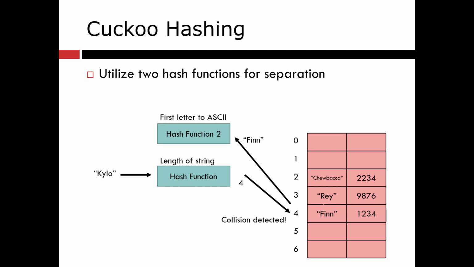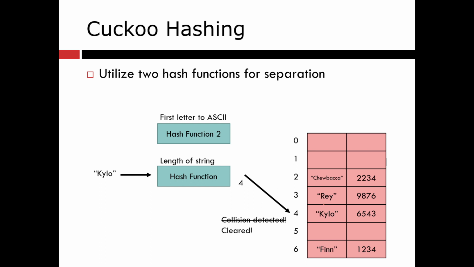In this case, I'm going to have it be the first ASCII value of the string, instead of just being the length of the string. So we're going to convert Finn into a hash value. This hash value is going to come out as 6. That 6 then is going to be the new location of Finn. We copy Finn down into 6, and now there is no collision for Kylo. We can then put Kylo in at 4.